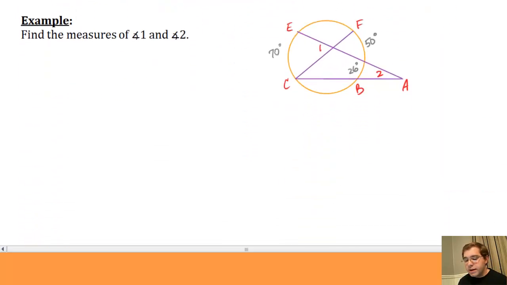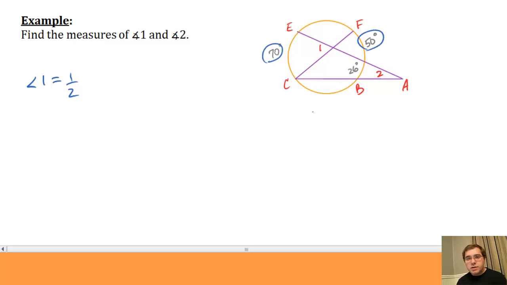We're not going to prove that theorem, but let's look at an example of how to use it. Find the measures of angle 1 and angle 2 in this picture. Angle 1, you'll notice, is inside the circle. Angle 2 is outside the circle. Angle 1 is inside the circle, so that means it's half of the sum of the measures of the intercepted arcs. Well, what are the intercepted arcs here? We've got 70 and 50.